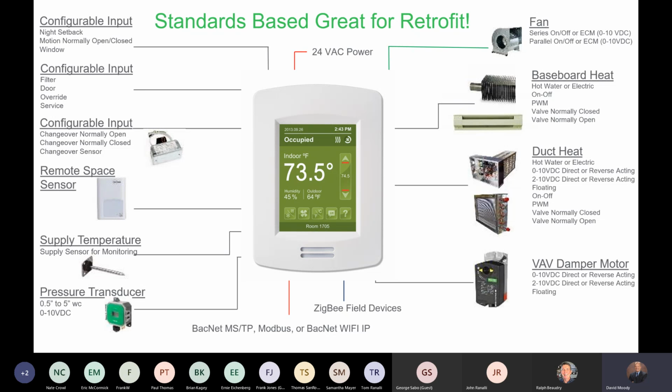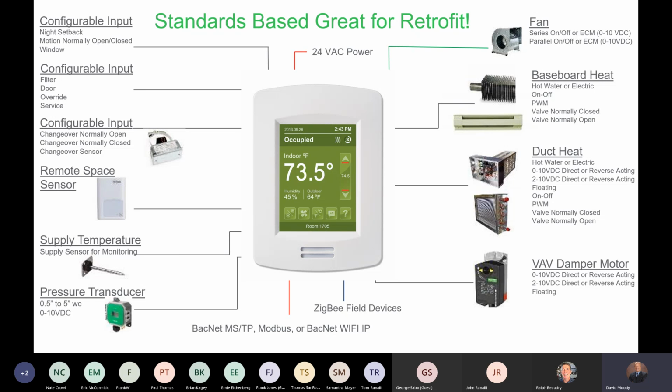Direct or reverse acting. So in the past, we've always been relegated to using 0 to 10 volts, and sometimes it's either been just direct acting or reverse acting. You have the capability to configure by poking it in the eye on the screen and changing it from a 0 to 10 to a 2 to 10, direct or reverse acting. And the same thing with the damper actuator as well. You can have 0 to 10 or 2 to 10 out of the box, and obviously floating as well.